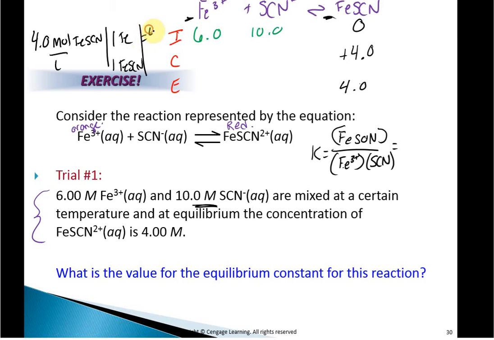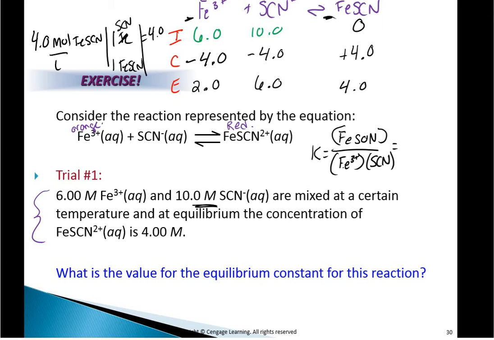So that means we used 4 molar, 4 times 1 divided by 1. We used 4 molar iron. Same thing, we could plug in the same thing for an SCN, 1-to-1 ratio, so it's going to be -4 here. So 6 minus 4 gives us an equilibrium concentration of 2 molar, and here it's a 6 molar.